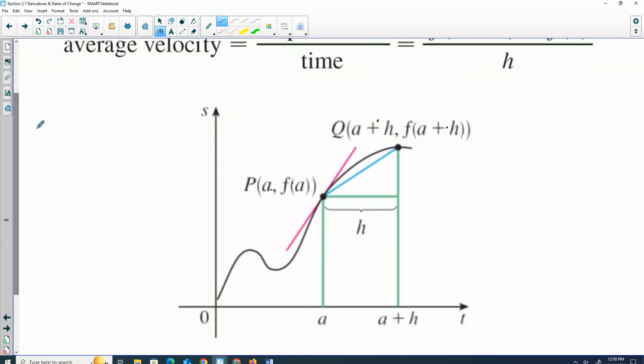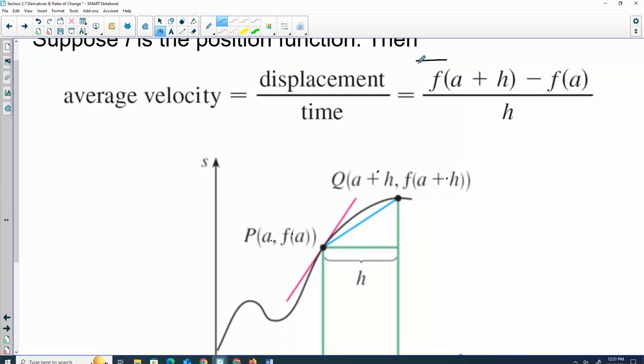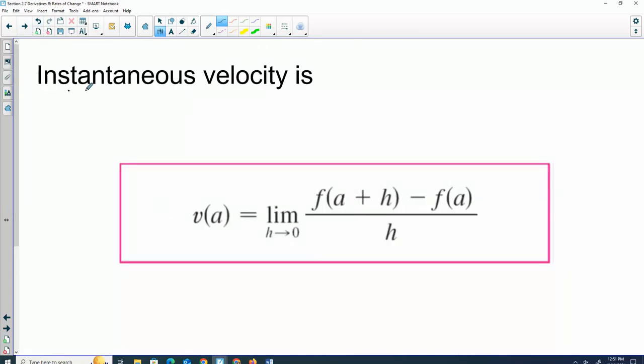So when I'm doing the limit of these slopes, that is the instantaneous velocity. Average velocity is a single slope calculation, instantaneous is the limit of those.